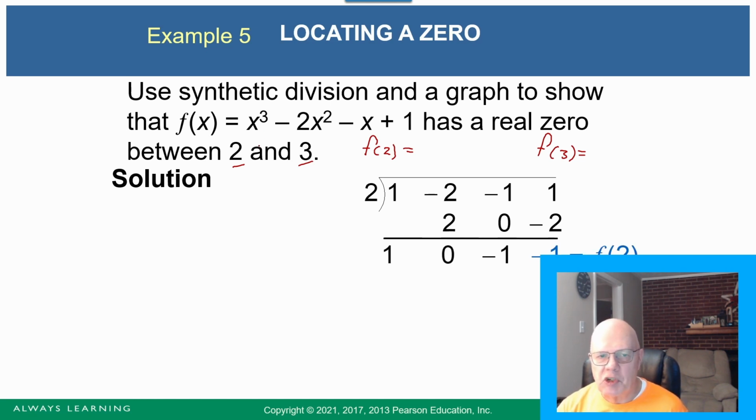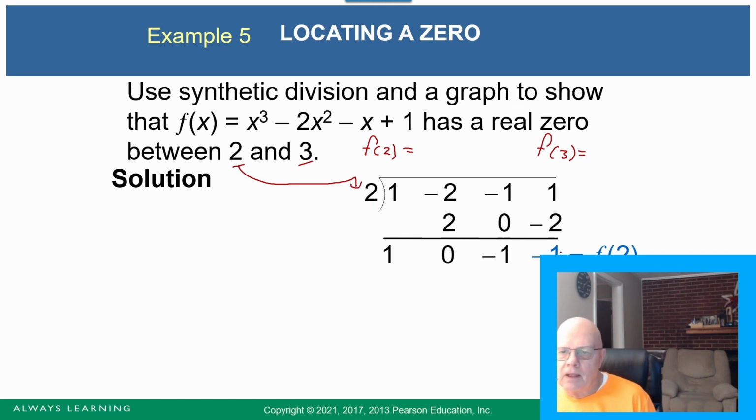So we can take this 2, use synthetic division, and that gives us the function value at 2 is -1. So roughly speaking, that means somewhere here at 2, you've got a point in your graph like that. F of 2 means 2, -1.